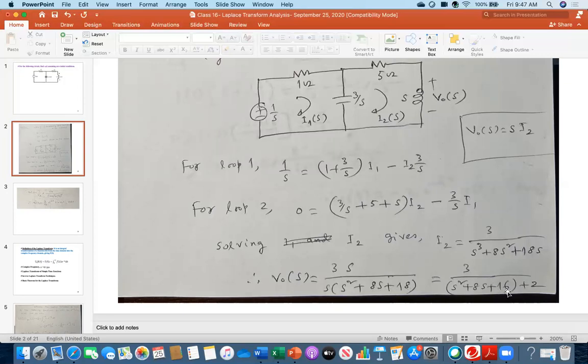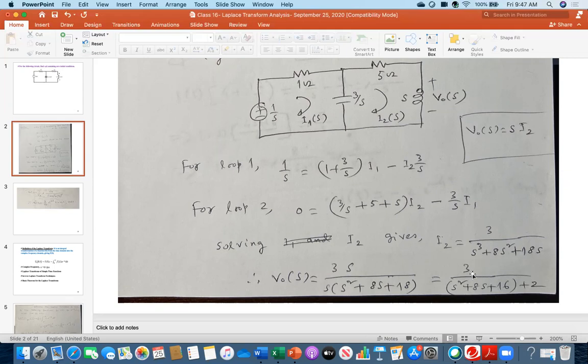If I can make it 16, then I can write S plus 4 whole square. I could write that, that's why I am doing that. And then because it is 18, I kept plus 2 here. Then again, by looking at that, I have to think how I can better represent it so I can easily apply an inverse Laplace transform technique.